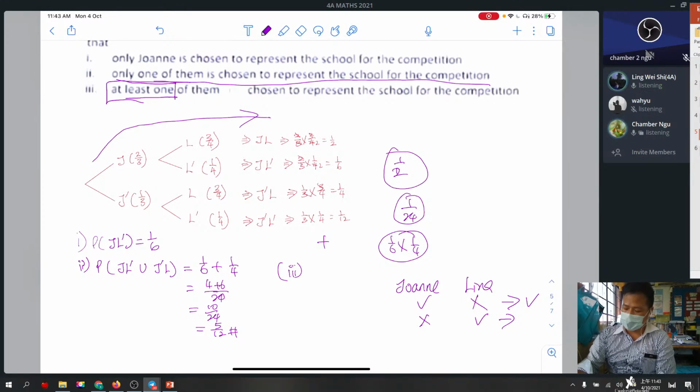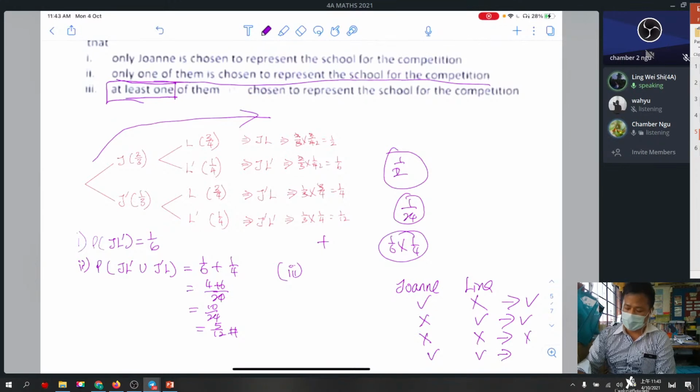Okay. Join tak dipilih. Lina pun tak dipilih. Boleh? No, no. Not. Okay. Join dipilih. Lina dipilih. Can? Sekurang-kurangnya seorang dipilih. Maksudnya dua orang kalau dipilih boleh tidak? Can.